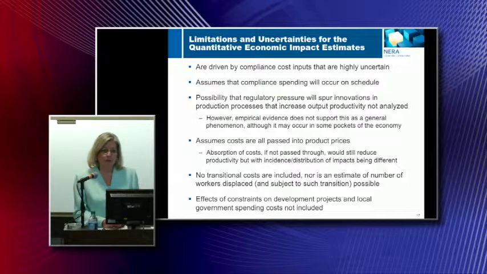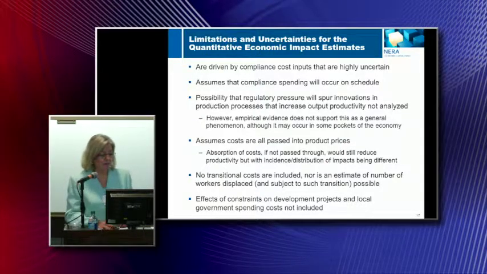Also, we have assumed, and this came up in the questioning before, that the compliance spending will occur on compliance schedule, which means all of that spending, except for California's and Utah's, is occurring by 2022, at least the capital spending phase. There's O&M that then kicks in afterwards that goes on permanently, really.